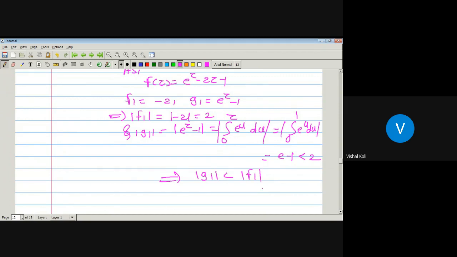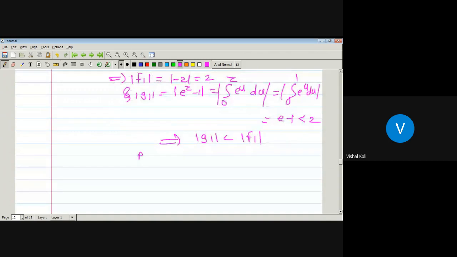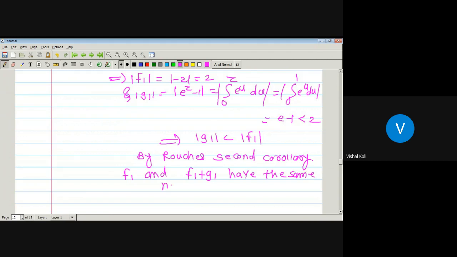Then by the last corollary of Rouché's theorem, as modulus of g1 is less than modulus of f1, f1 and f1 plus g1 have the same number of zeros inside mod z equal to 1.